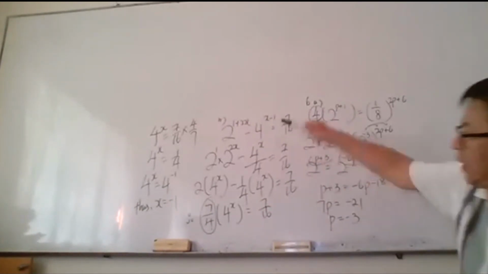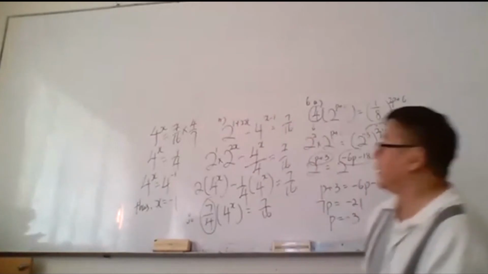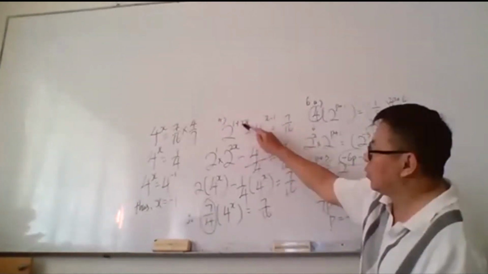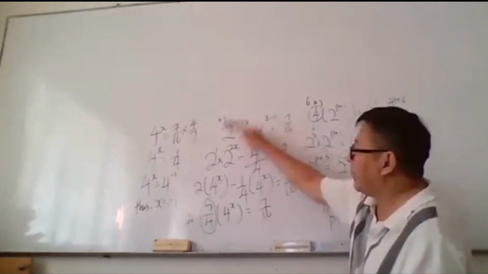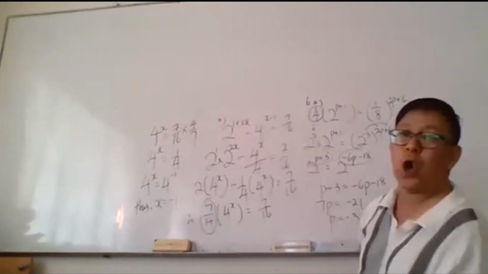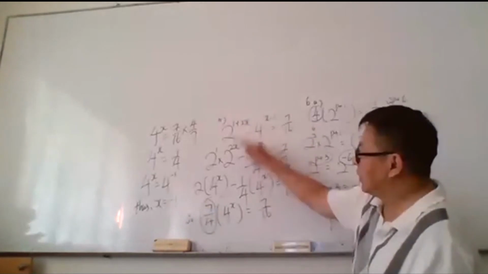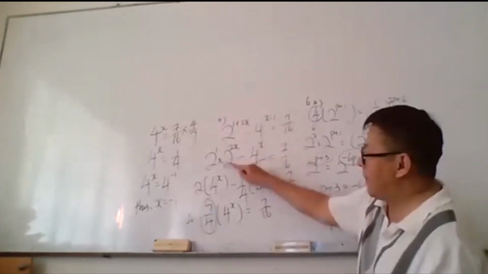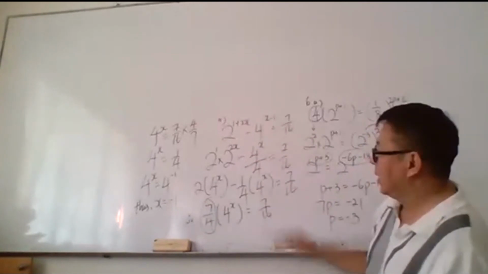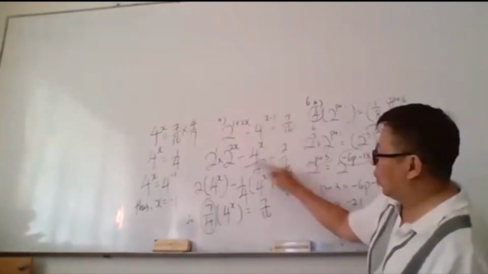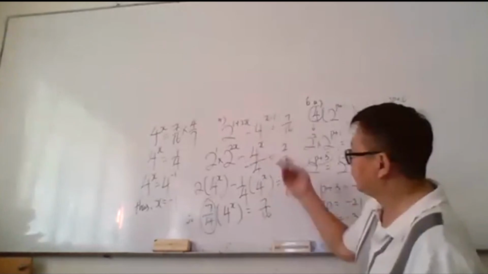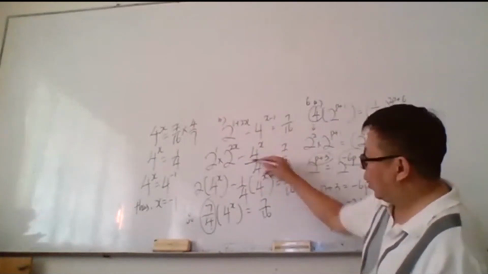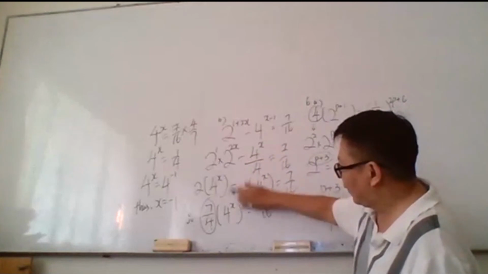Okay, so this question is a bit challenging. A lot of students actually don't understand how to do it. But so long as this is 4, and this is 4, I'm using the law of indices. So this is 2 to the 1 plus, meaning times 2, so that I will make 2 squared become 4. And this minus 1 over 4 means 1 over 4.